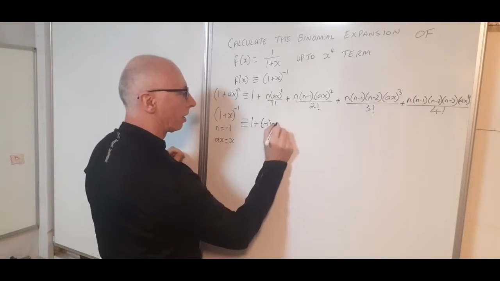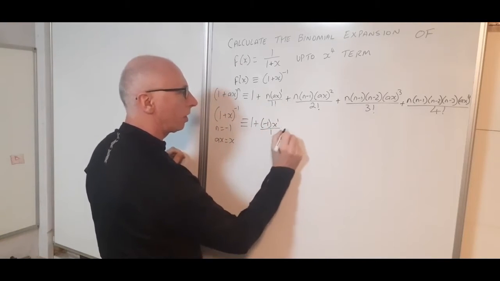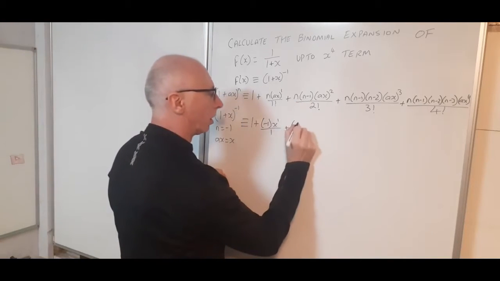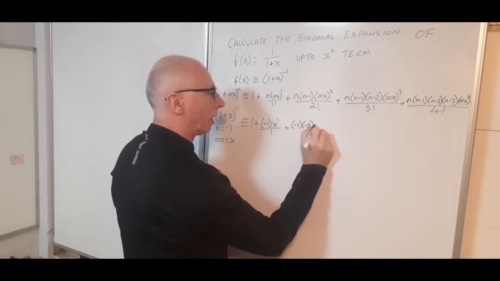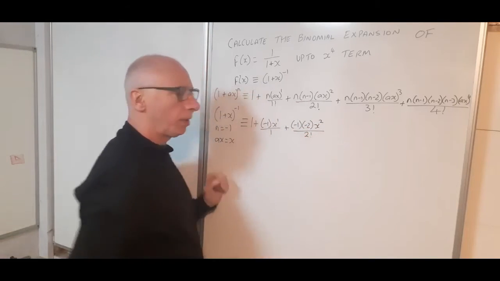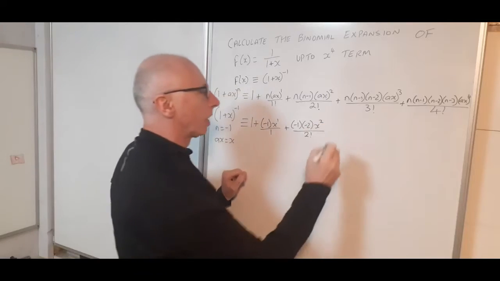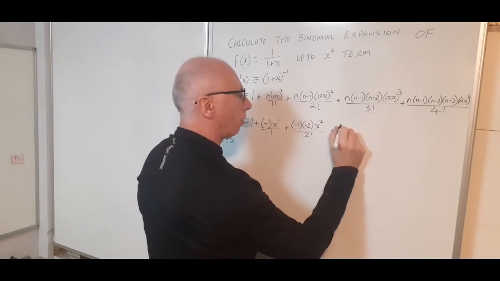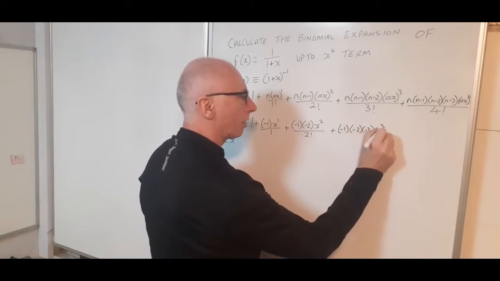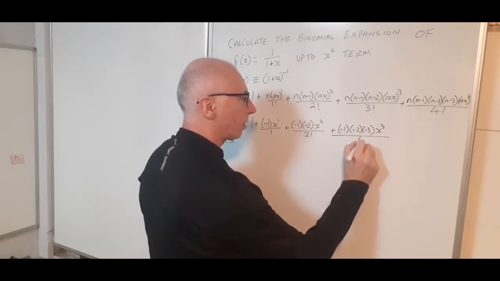times x to the power of 1 over 1. Then I've got minus 1 times minus 2, and then I've got x to the power of 2 over 2 factorial. Next one, I've got minus 1 times minus 2 times minus 3, x to the 3, and that's over 6.